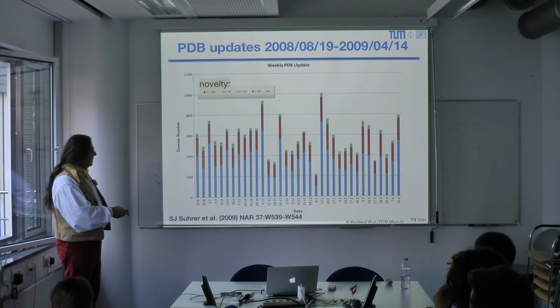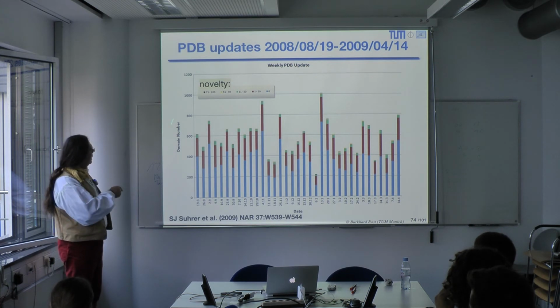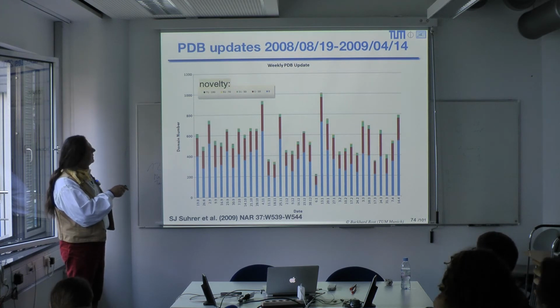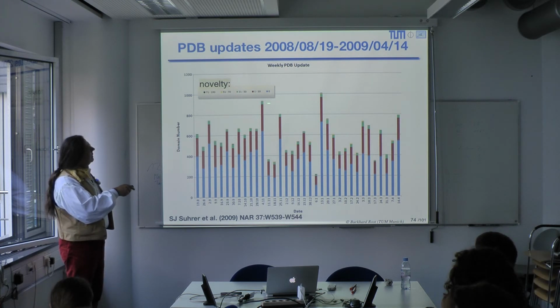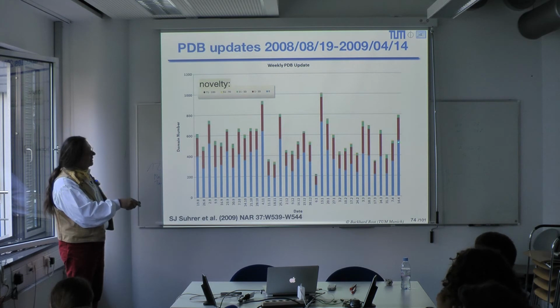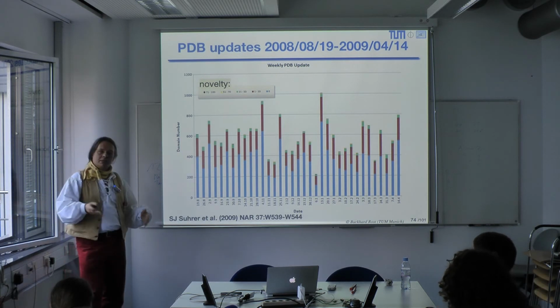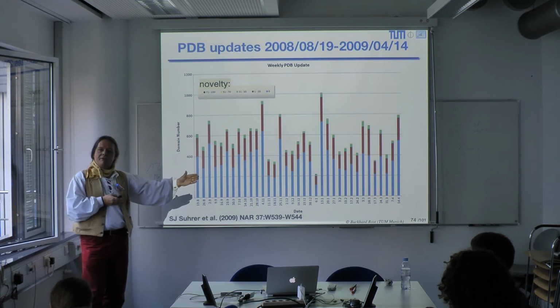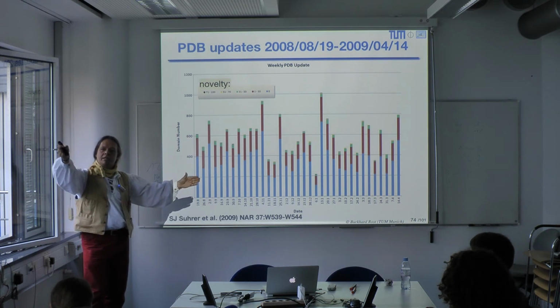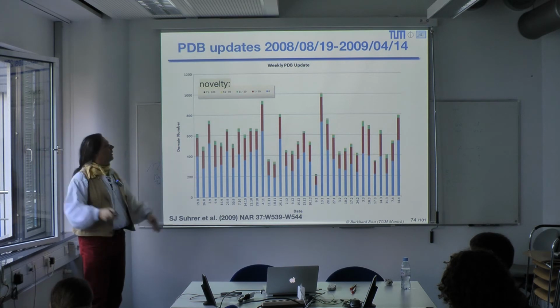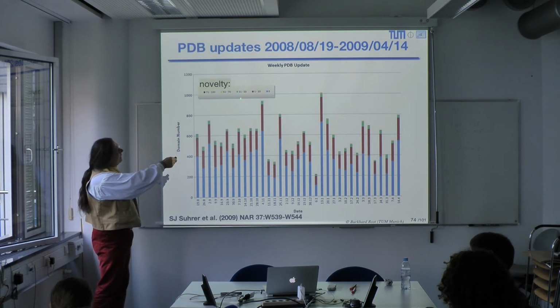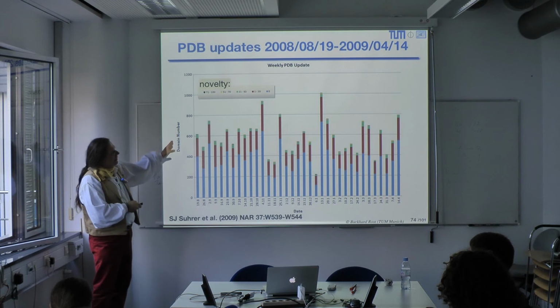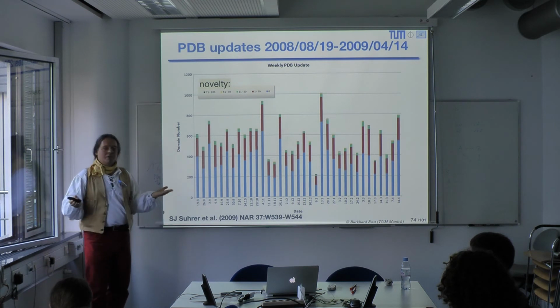So this looks at the date here, the number of domains, and it looks at the level of novelty. Zero novelty is blue. So essentially it means that the structure that has been determined anew in that week, or the set of structures, is nothing that you could not have trivially done by comparative modeling. Okay, and now we get down here, black is completely new in some sense.